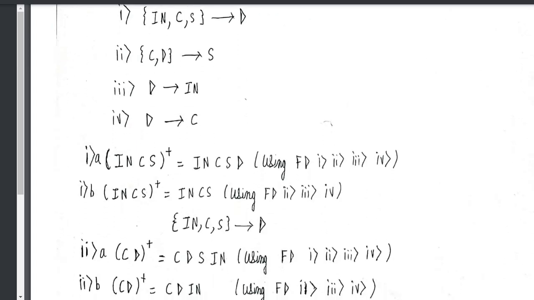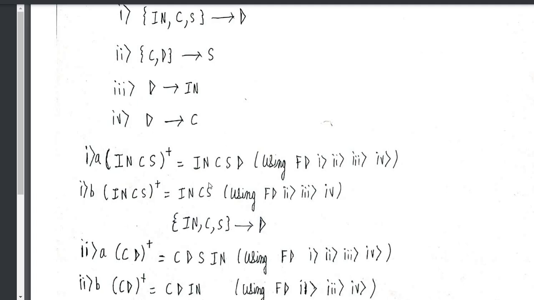Next, we find the closure of the left side of the attributes, first including the attribute, and the second time excluding it, and we see if there is any difference in the result or not.